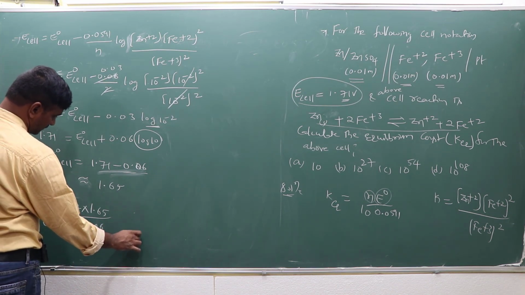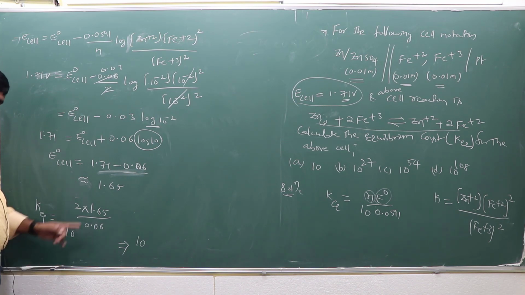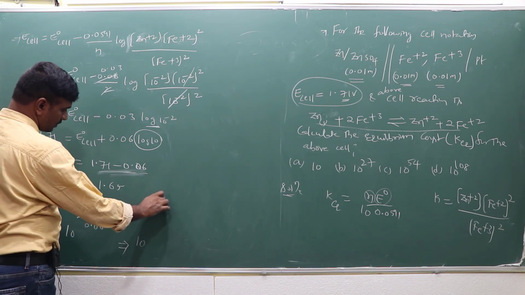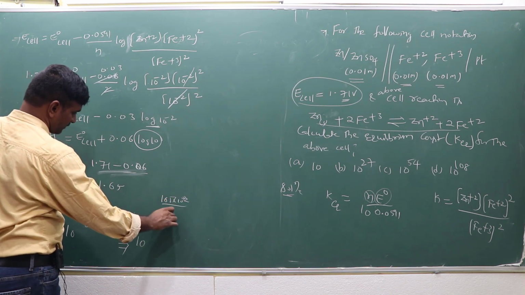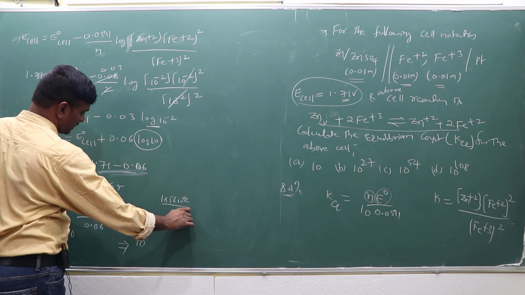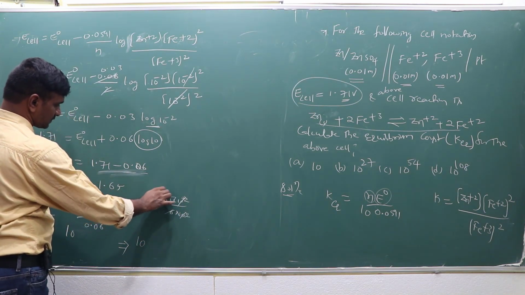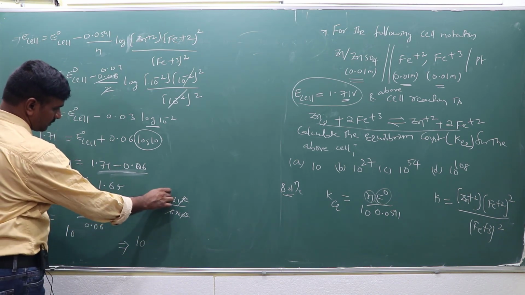So that is equal to 10 to the power of 165 by 6, so 165 into 10 to the power of minus 2 by 6 into 10 to the power of minus 2, and 6 times 2 and nearly 35 it may be there, approximately.